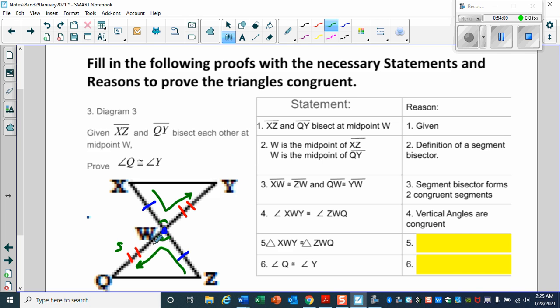So there's your side, angle, side. And therefore, since these two triangles are congruent, again, Q and Y, even though they were flipped, are in the same spot. Therefore, in the end, that's also going to be a CPCTC.